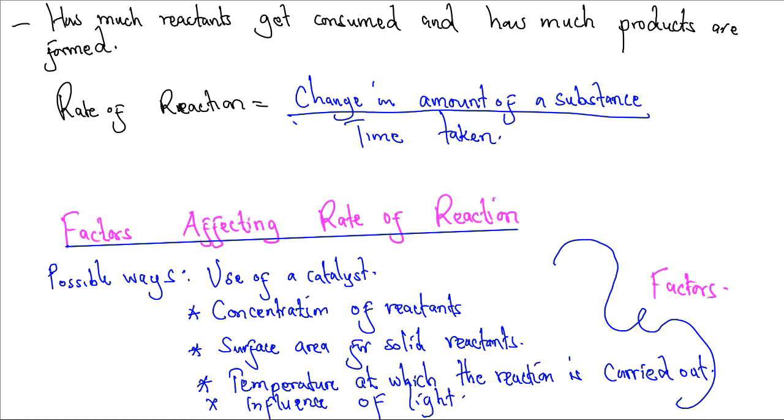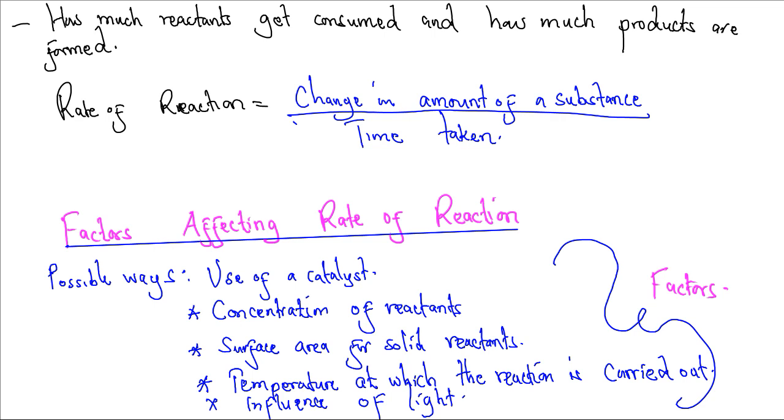So we shall look at use of a catalyst, concentration of reactants, surface area, that is for solid reactants, temperature at which the reaction is taking place, and influence of light, that is in some reactions that need light for them to occur.